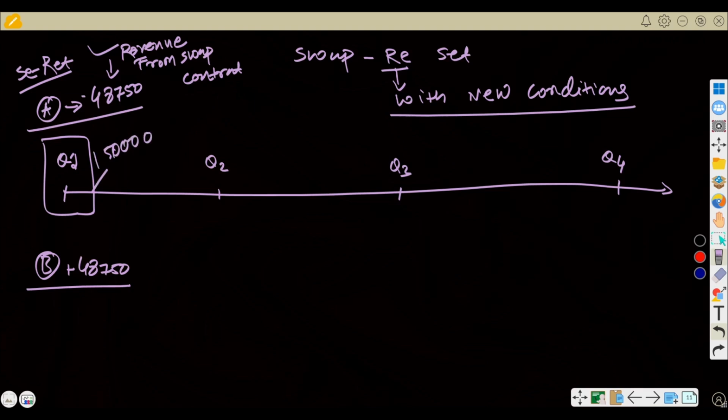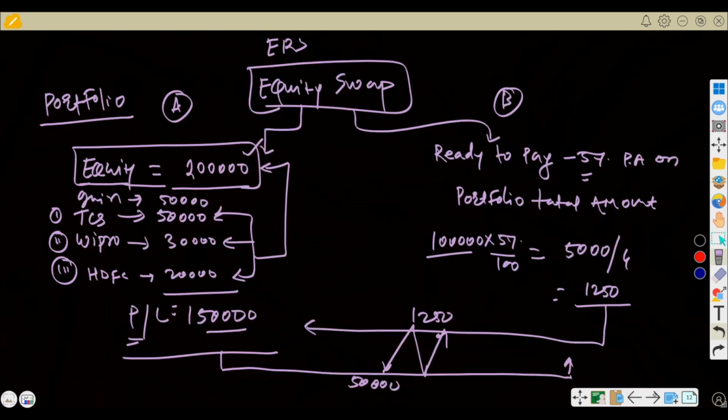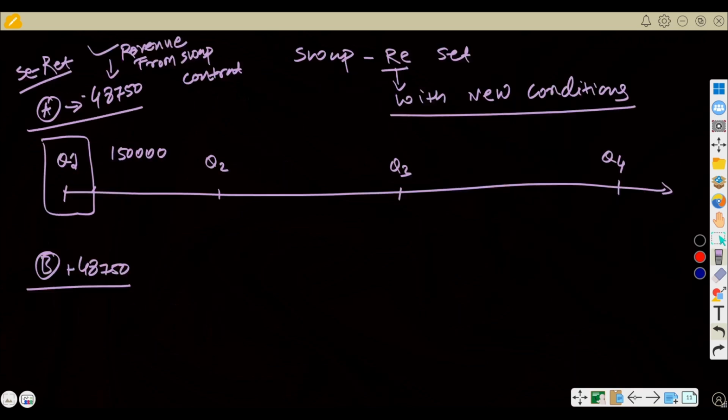If the underlying value changed, then for this particular second quarter, don't you think that the 5% interest which was decided needs to be charged on the new underlying amount? Yes, right? This is one aspect. And now he got to know that, he realized it.